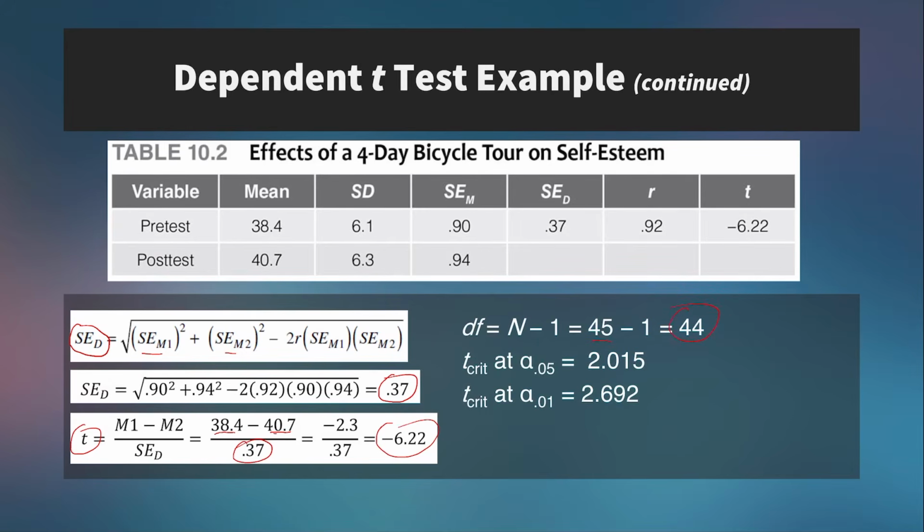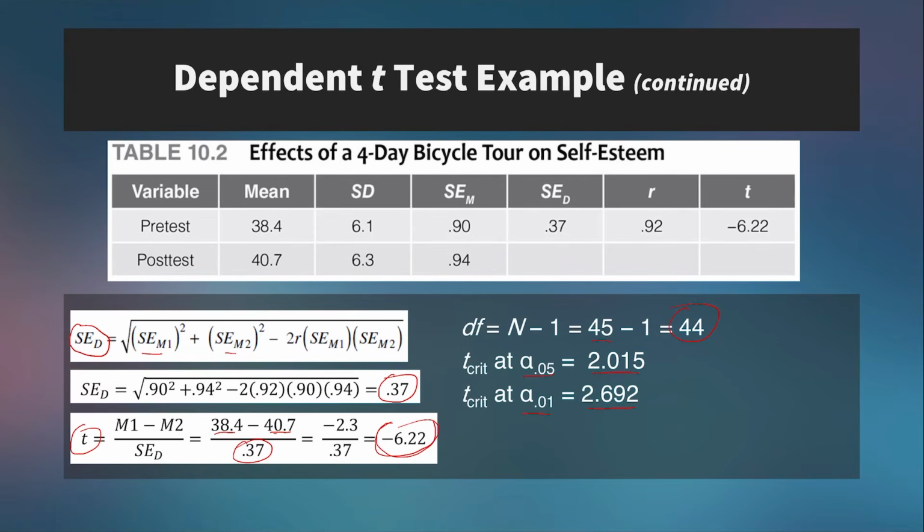So we won't look at a t-table, but if you did look up on a t-table, you would find that the critical t-value at an alpha level of 0.05 is 2.015, and the critical t-value at an alpha level of 0.01 is 2.692. So is there a significant difference here between the pre and the post test?